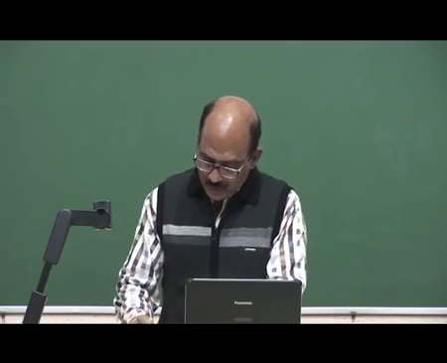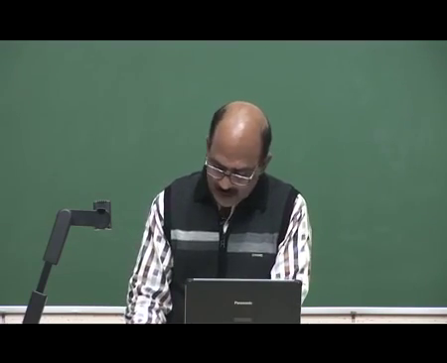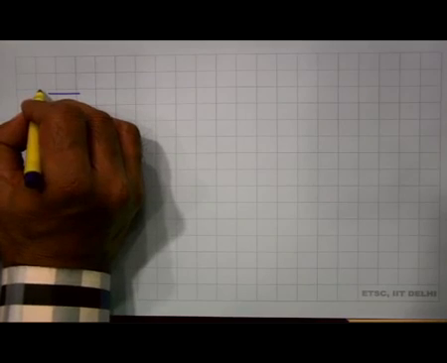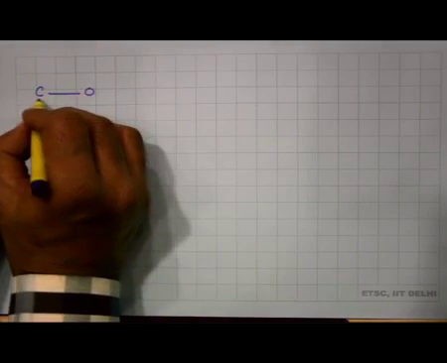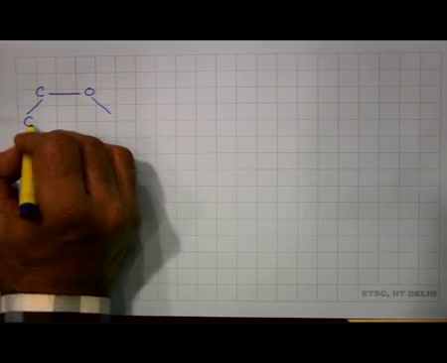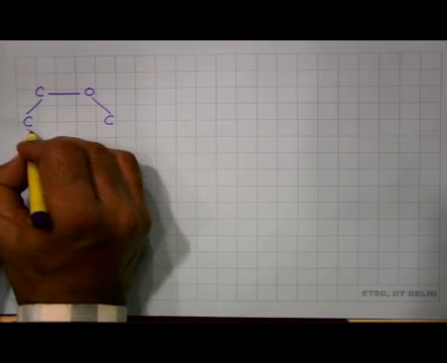So, see the structure of raffinose here. Now, first of all you can write the structure of any one: glucose, galactose and fructose.